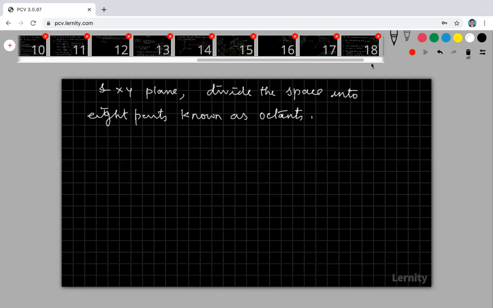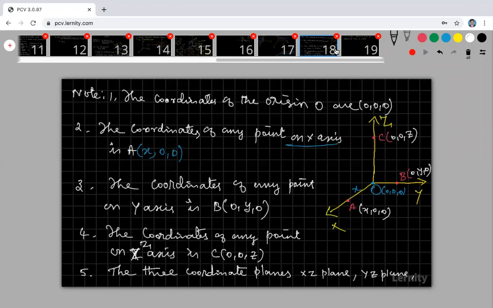Okay, that is a general one. This is my x distance. This is my y. This is my z. Origin to C is z. Origin to B is y. Origin to A is x. Please take it.